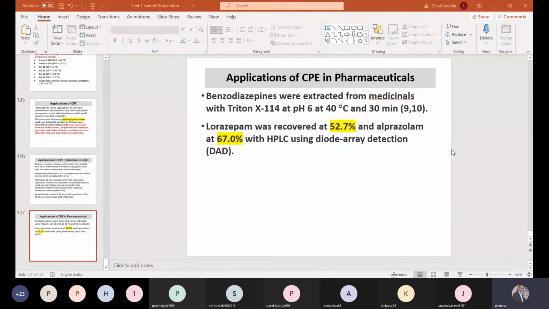So I want to keep things simple, and I have prepared these slides to make things very simple, so that you can read and understand on your own and prepare yourself for your exams whenever they happen, or if they don't happen, whatever may be the case. But at least you should be aware that these sample preparation techniques are available now, and people have been using them, or they are in current use everywhere worldwide.